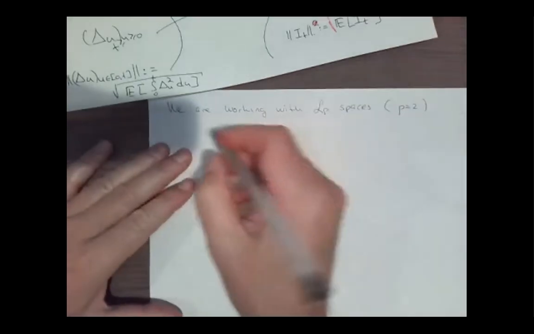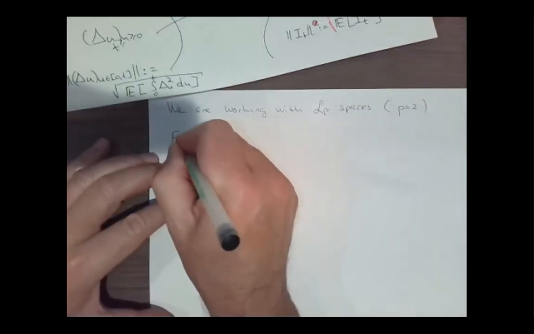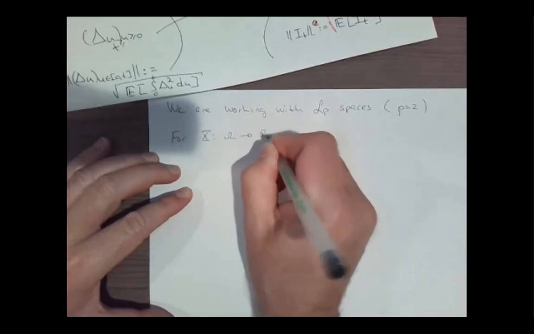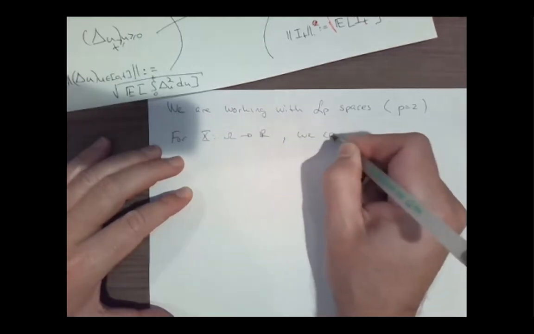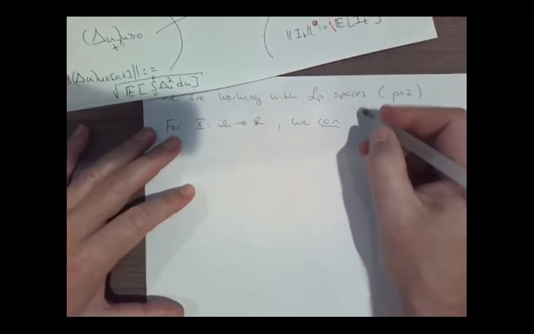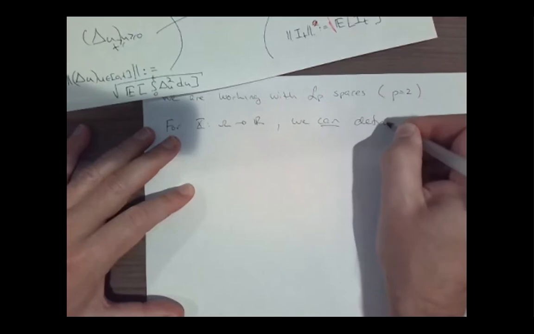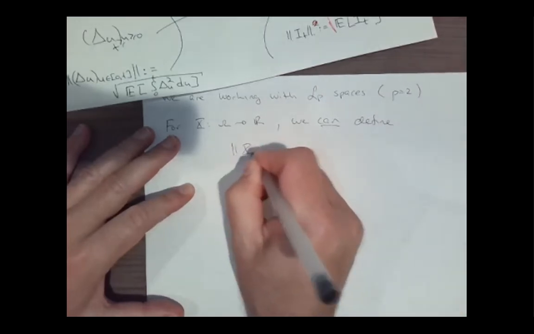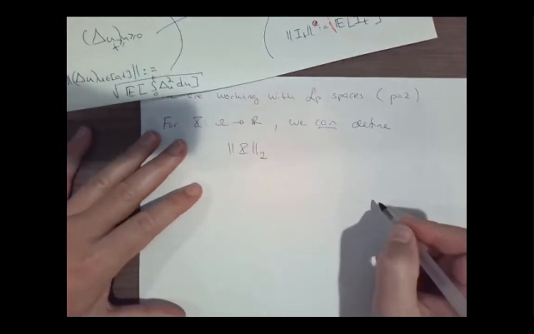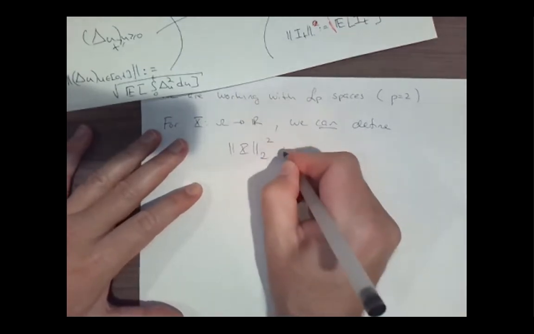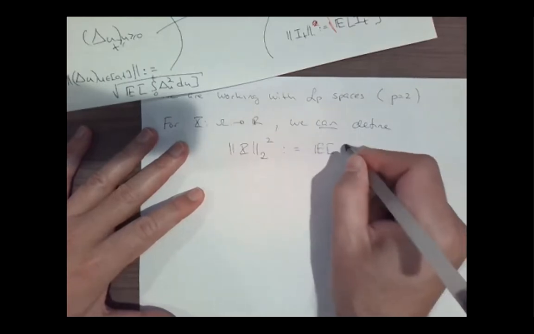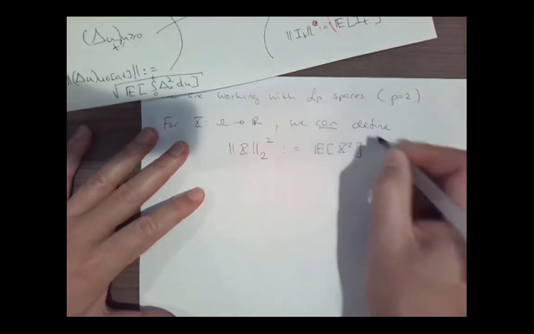So if I have a random variable x, we can define the norm of x, typically denoted by the 2 norm. The 2 norm squared is defined to be the expectation of x squared.